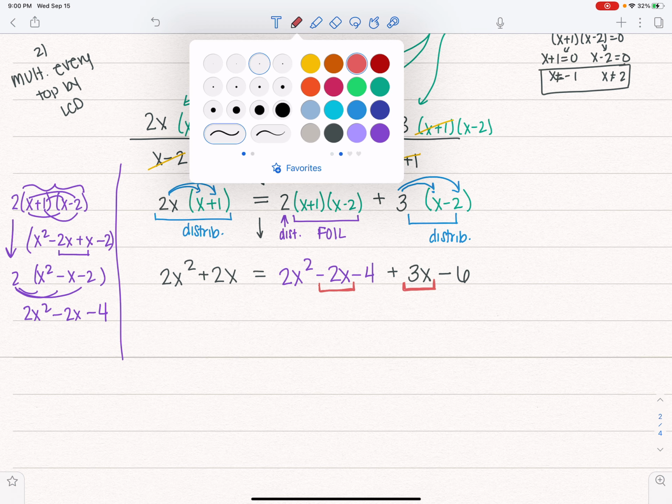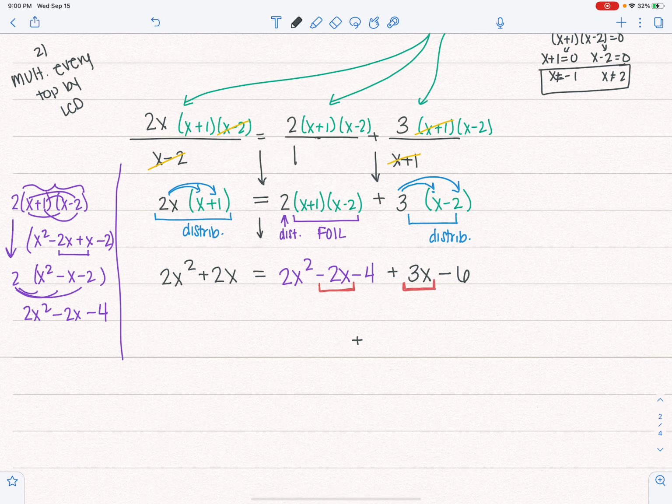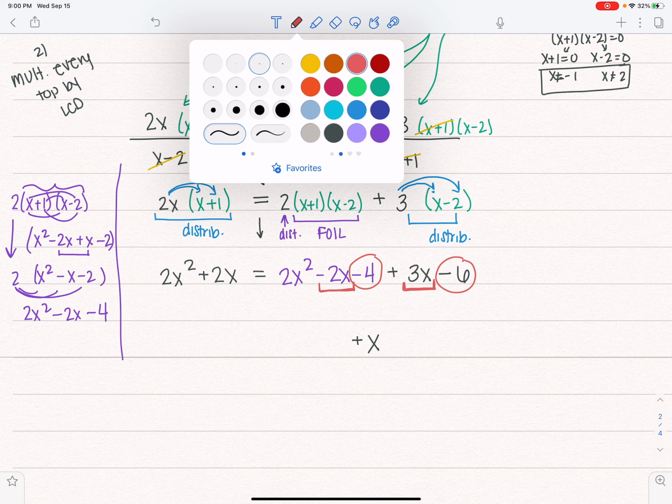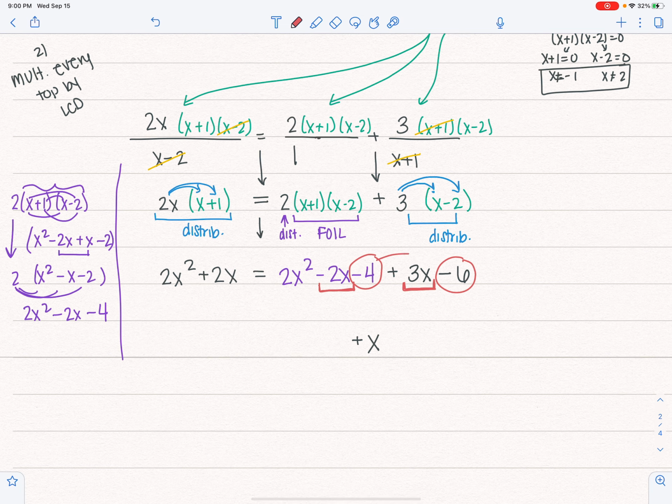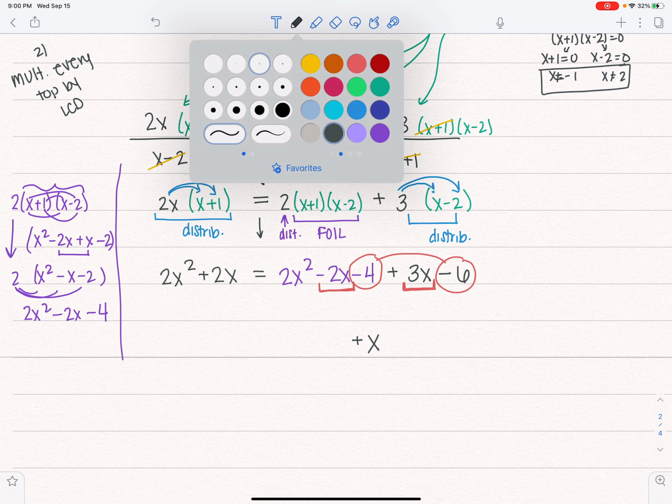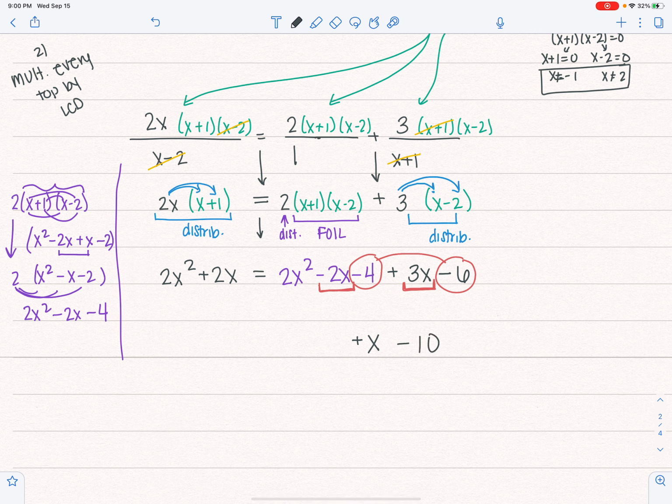Negative 2 plus 3 is going to give me a positive 1x. And then negative 4 plus negative 6 is going to give me a negative 10. Carry everything else down.